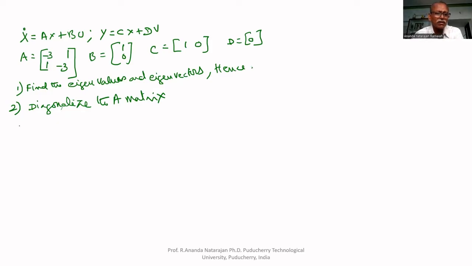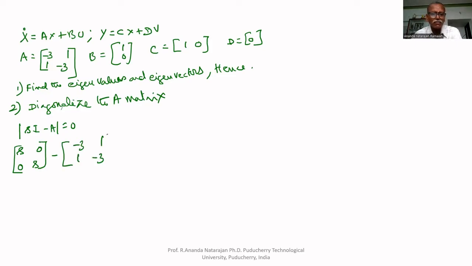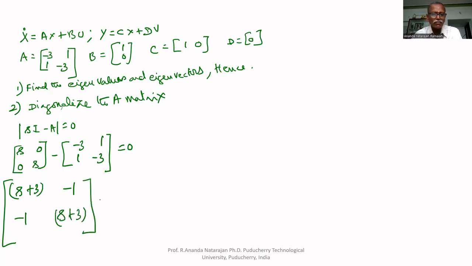First, let us find the eigenvalues and eigenvectors. To find eigenvalues, we have to find the determinant of sI minus A equal to 0. sI is s, 0, 0, s. sI minus A, with A equal to minus 3, 1, 1, minus 3, gives the matrix s plus 3, minus 1, minus 1, s plus 3, whose determinant is equal to 0.